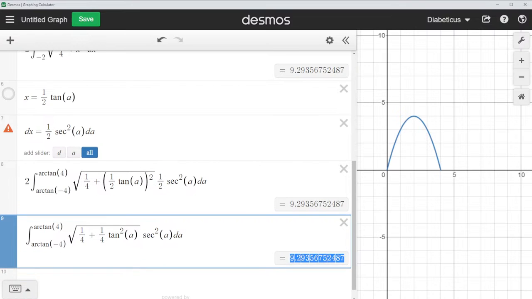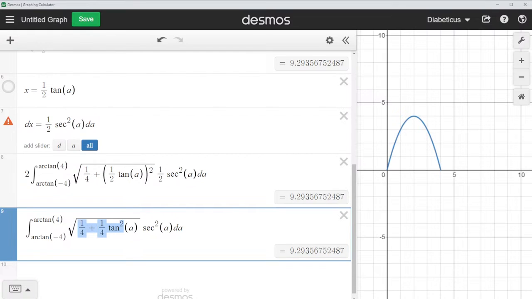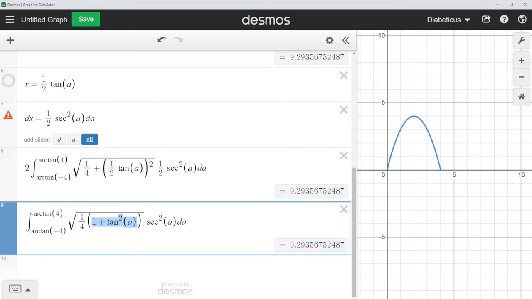So that this happens in the square root: there's a 1/4 plus 1/4 tangent squared, where in it I can do 1/4 times 1 plus tan squared of a, right? And hey, look, tangent squared plus 1 is just secant squared.